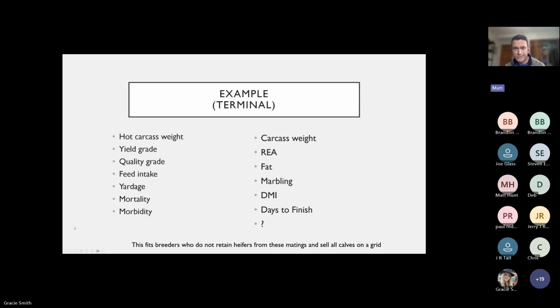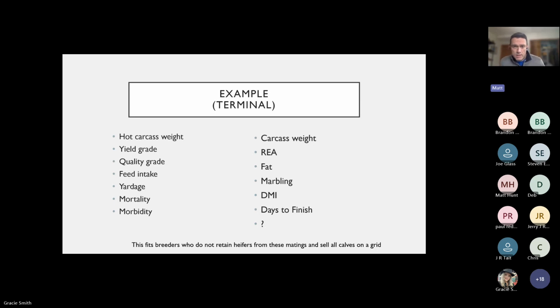Just a quick example. On the left-hand side, I have a listing of traits that would be in a breeding objective for what I call a terminal index. So all calves born are retained through a feed yard and marketed. And then on the right-hand side, I have a list of traits that you could assume EPD either exists or could be developed for.